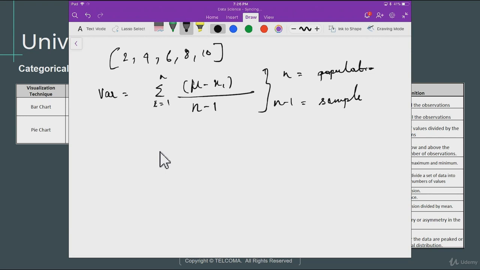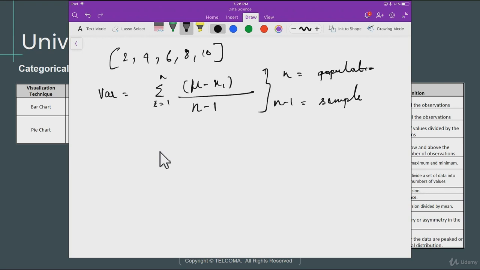You'll take a small sample, which is a true representative of the entire population. So you probably take a sample of, let's say, 10,000 members and then use that as a statistic to infer some ideas about the entire population. So when you have a sample, the denominator would be n minus 1, and when you have the entire population, the denominator would be n. So in this case, we use n minus 1.